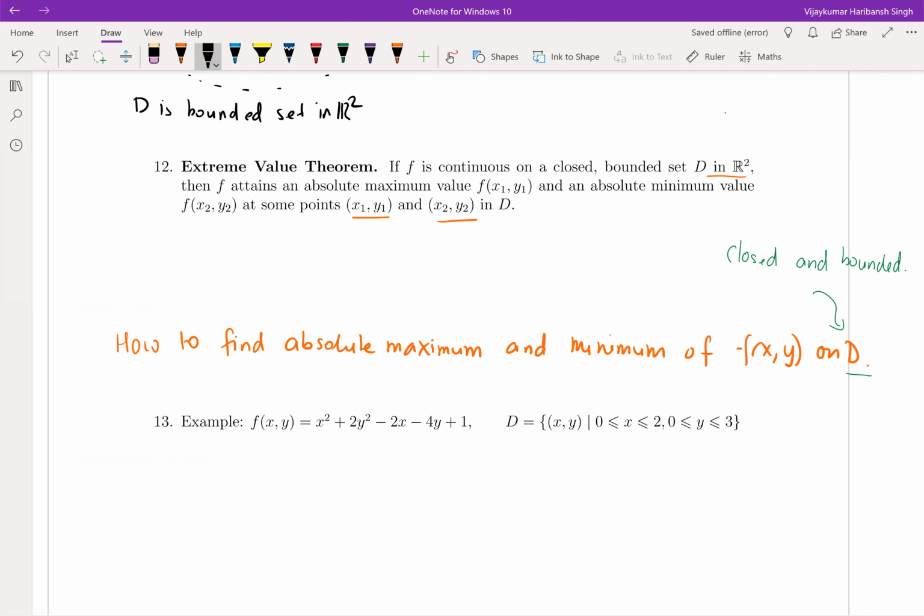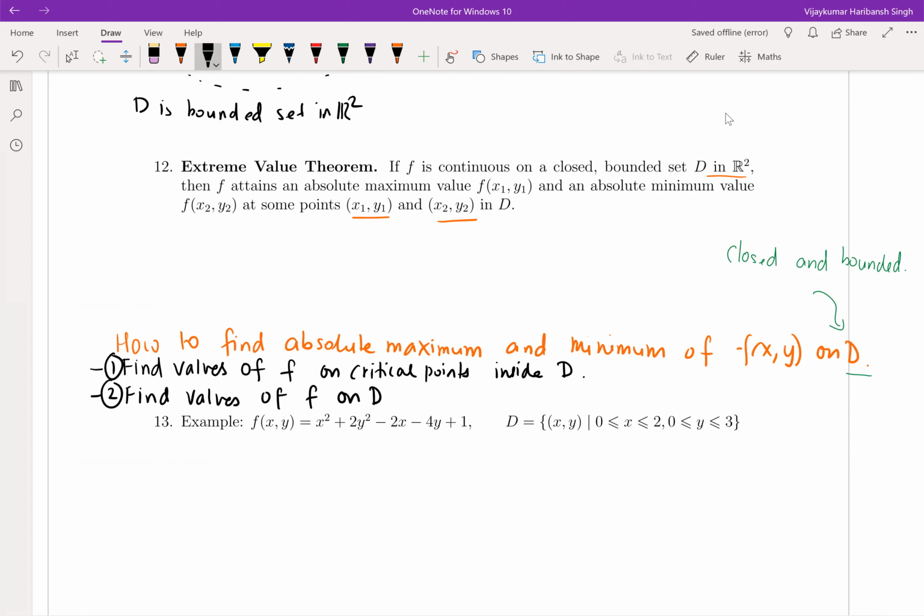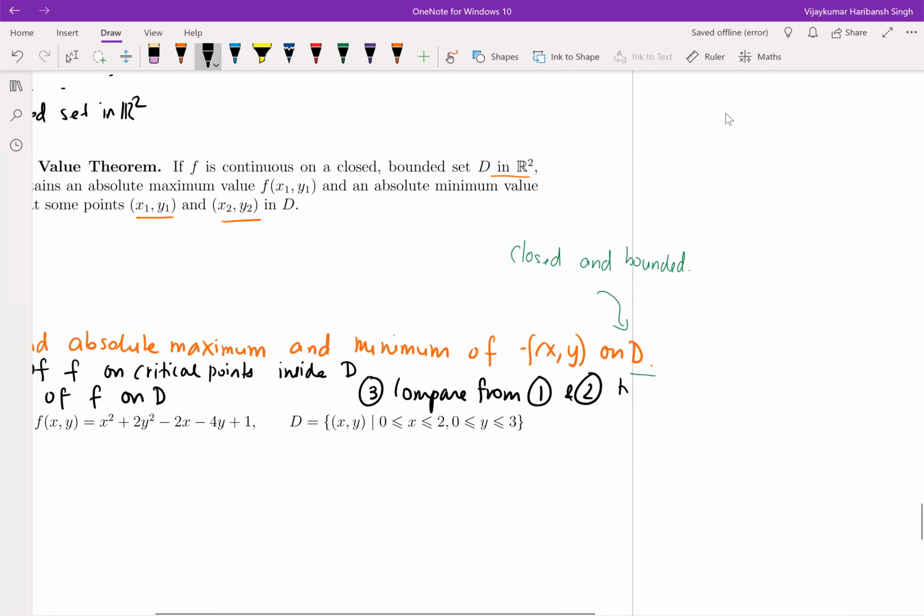So this is a two-step process. Step one, find values of f on critical points inside D. Step two, find values of f on the boundary of D. And then step three, compare the values from one and two to find the max and min.